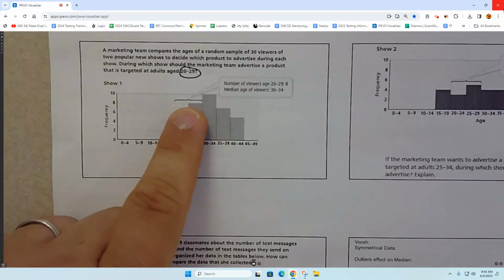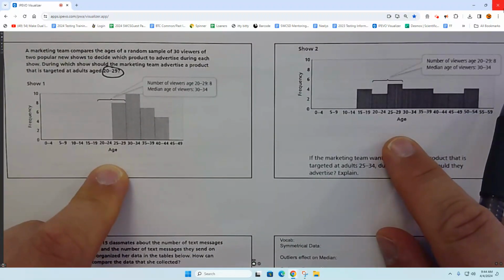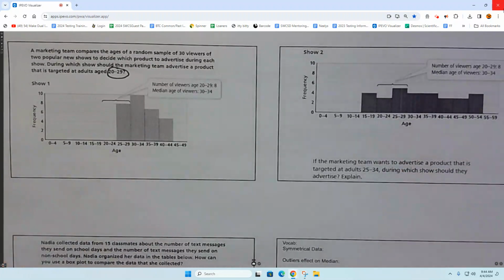Show 1, which is here, or show 2, which is here. What do you want to do with these histogram plots? Say again. So these are the only shows that are available to us. I don't think either of them are great because we're trying to hit 20 to 29 and it's not very close to that.